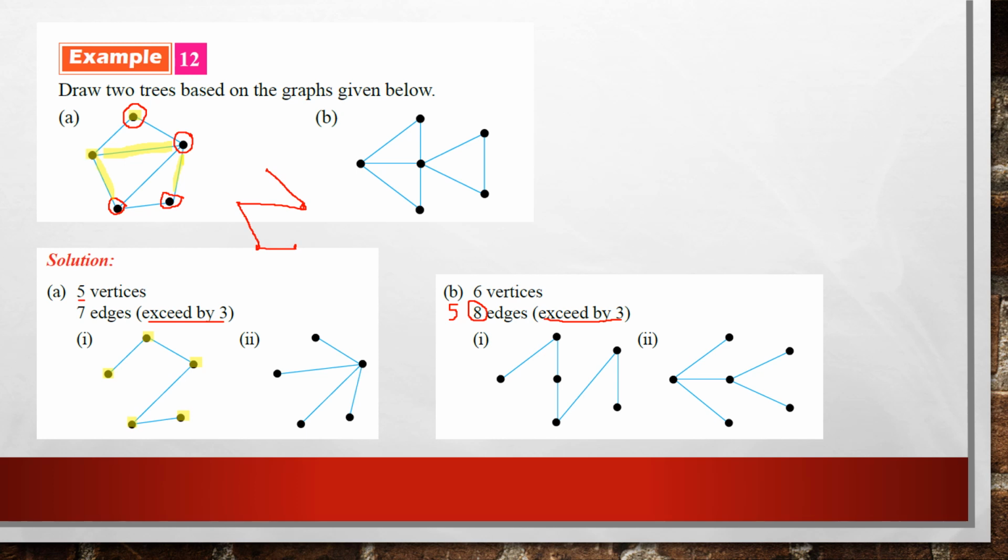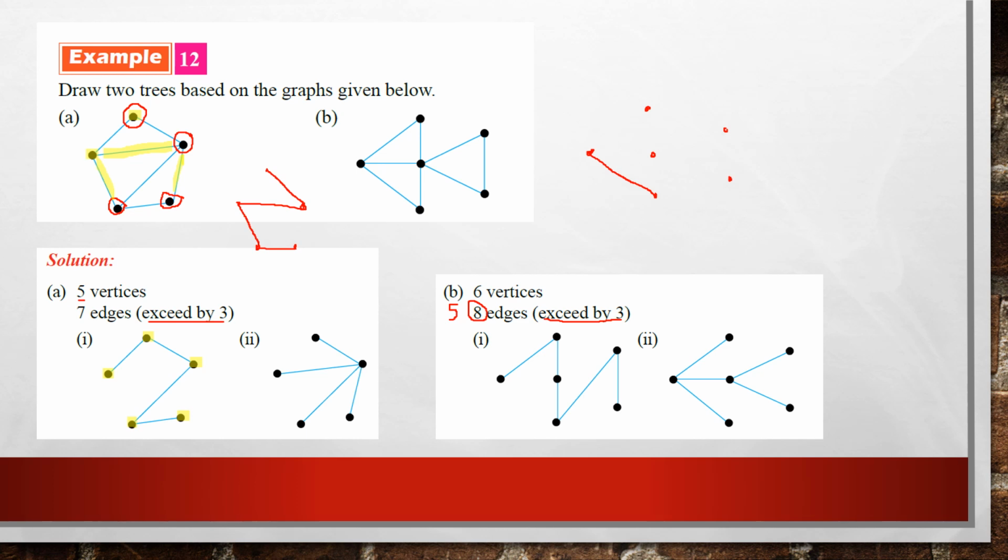So first step, always remember you mark the vertices. That will be easy. If you didn't mark the vertices, it will be difficult for you to draw. So you mark the vertices, then you try. Maybe you can try another method also.